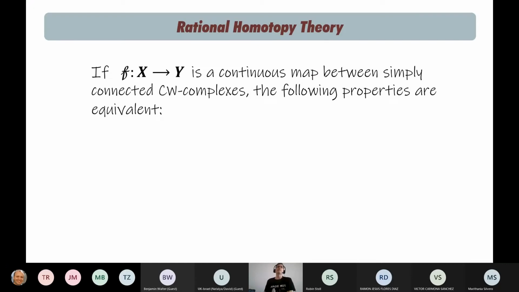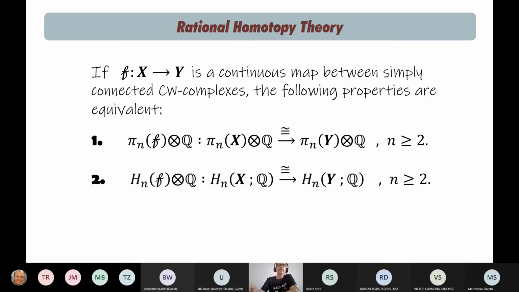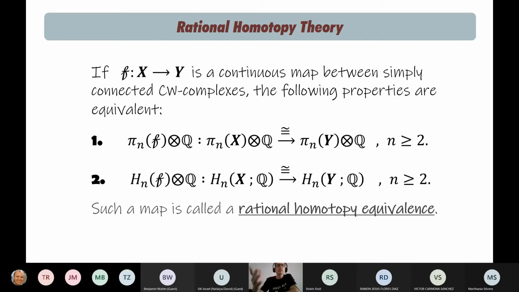If we have a continuous map between simply connected CW complexes, then the following two properties are equivalent. The map induces an isomorphism between rational homotopy groups, and the map induces an isomorphism between rational homology. Such a map is called a rational homotopy equivalence.